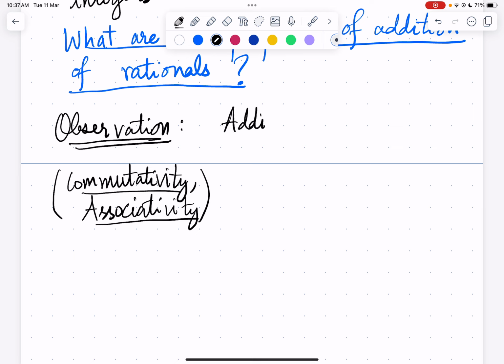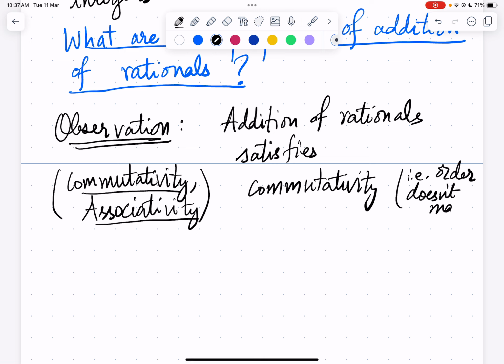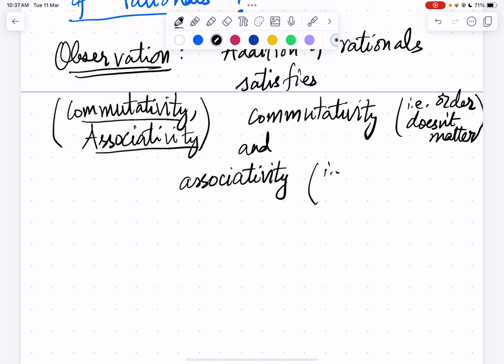Addition of rationals satisfies commutativity, that is, order doesn't matter, and associativity, that is, grouping doesn't matter.